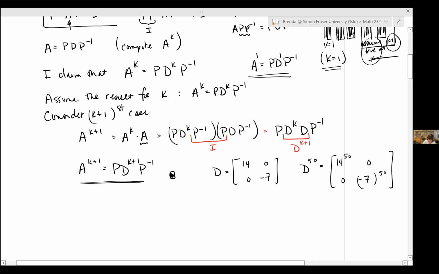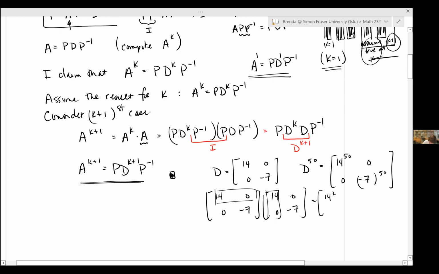Okay. It is very easy to take powers of a diagonal matrix because when you do the matrix multiplication, all you're doing is picking up, let's just do this so that we see, 14, 0. So let me just square it. Okay, so now I'm going to take this row times this column. You see what happens. I get 14 squared.